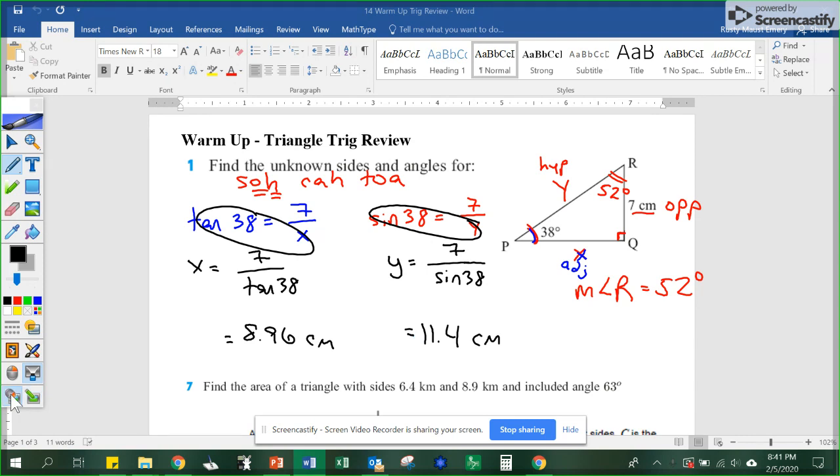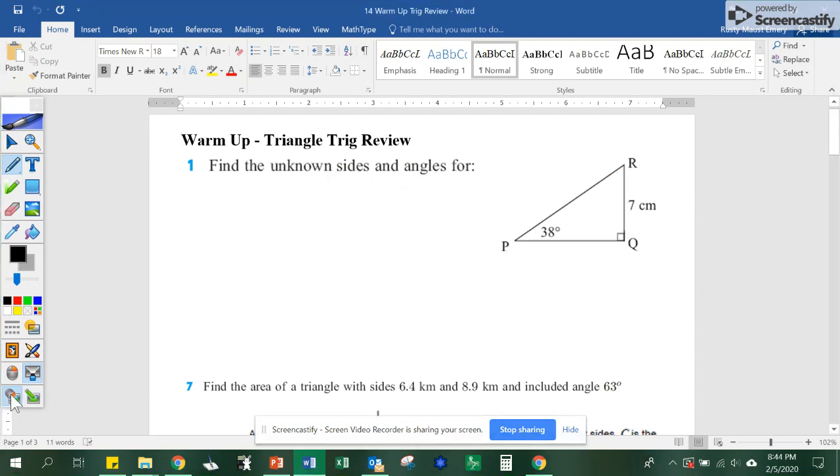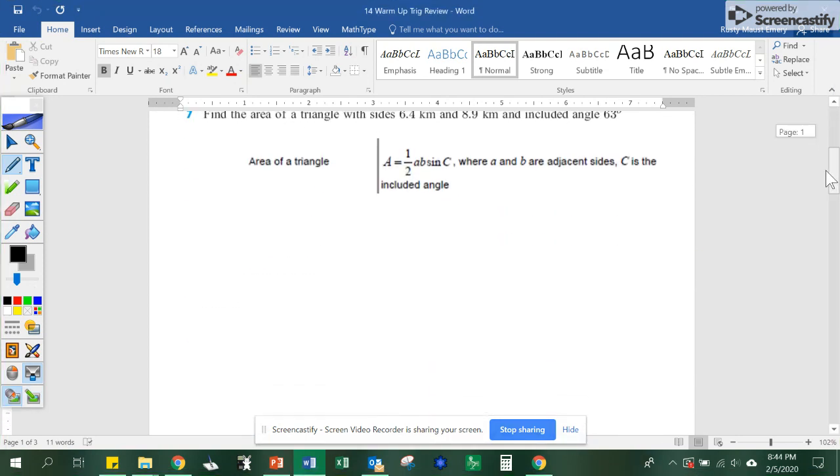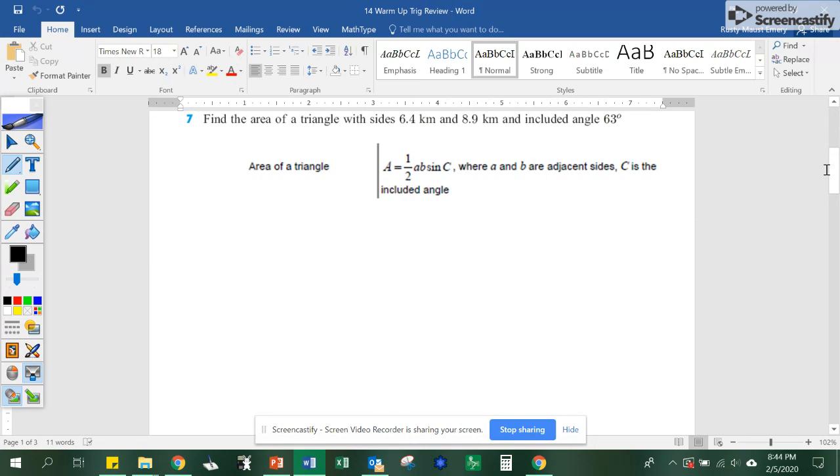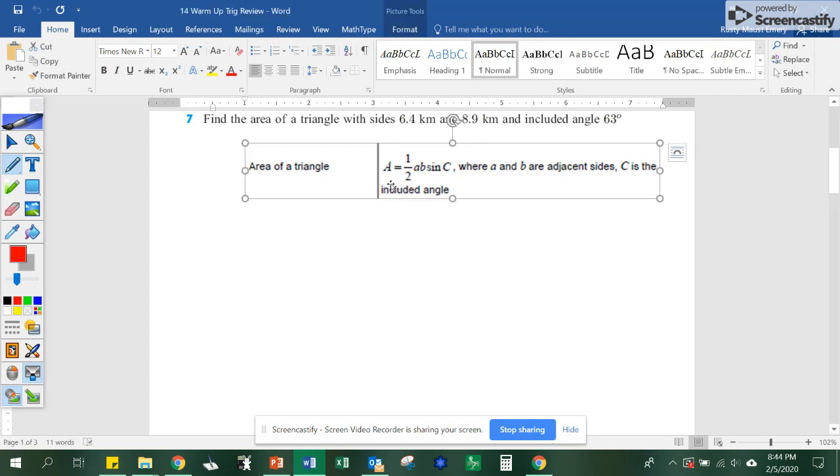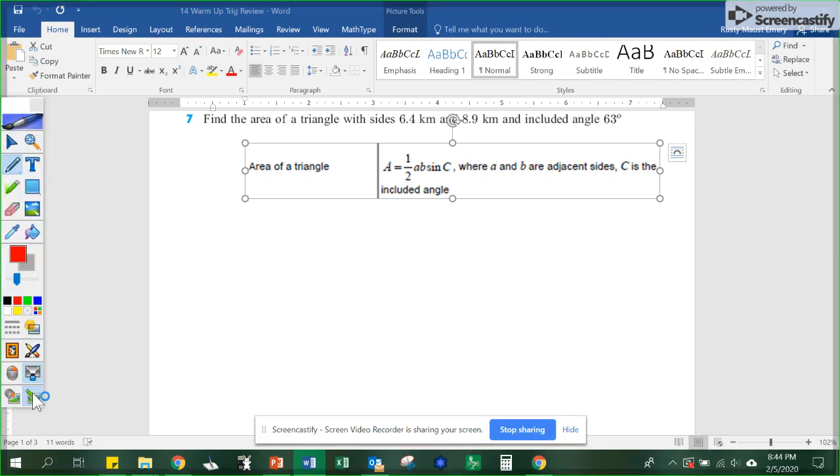Okay. For the second question on this side, you're being asked to find the area of a triangle, and this is the formula you're given on your formula sheet. You also do have the generic formula for the area of a triangle, right? So remember, area of a triangle equals 1/2 base times height.